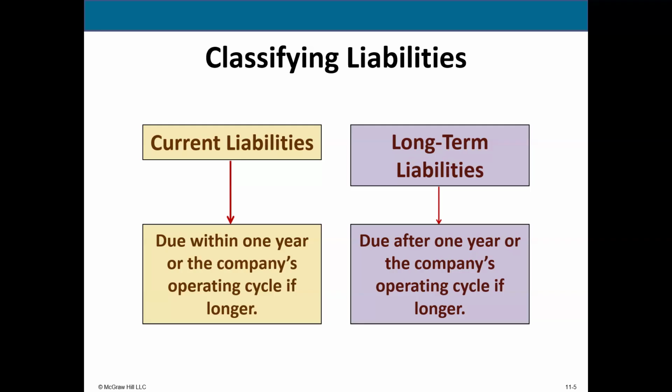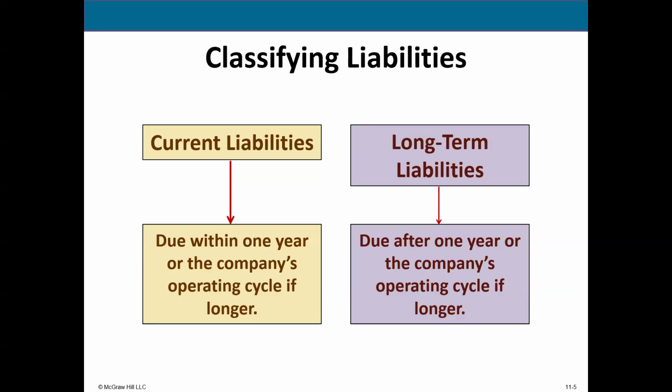And for the company, that's a liability, obviously, because there's a possibility that somebody might claim that warranty. And so therefore, it's an obligation that the company must fulfill. And therefore, we classify warranties as a liability for the company.